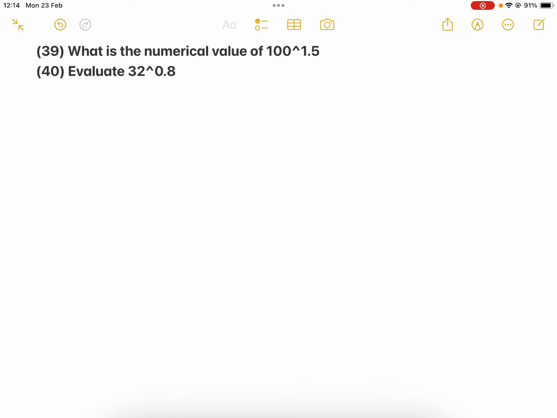The first step in solving number 39 is that you need to convert the decimal power to fraction.